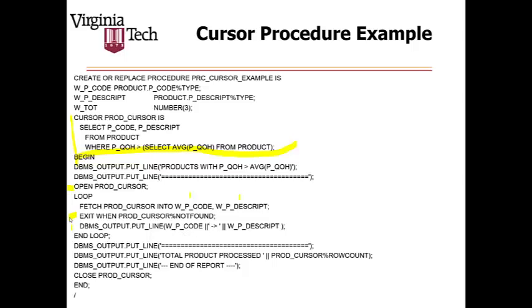And the exit condition for our loop is when the cursor is not found. When that becomes true, that means we've reached the end of file and processed all of the rows, and we should exit our loop.